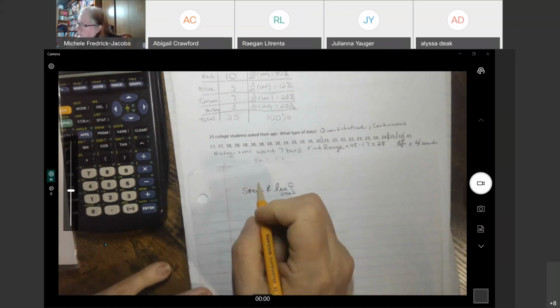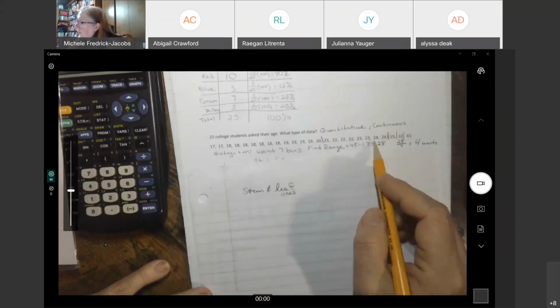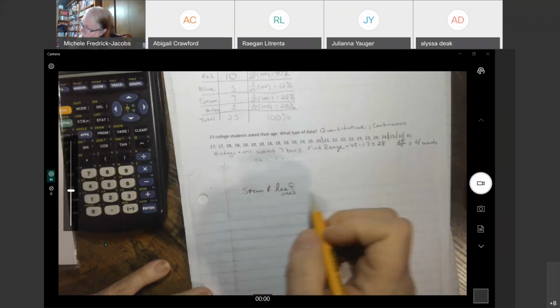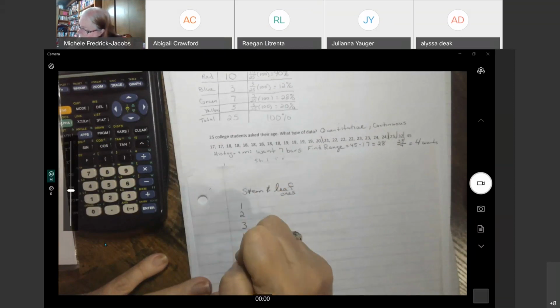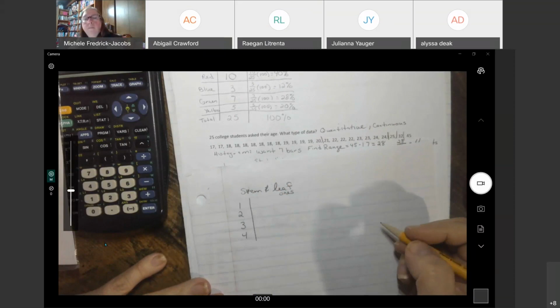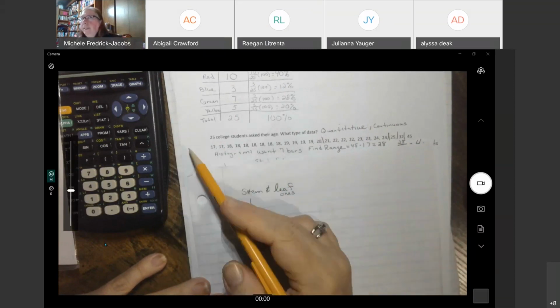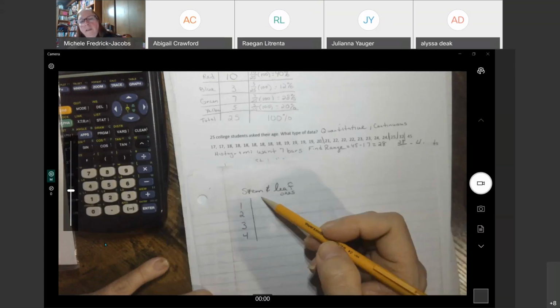The stem goes from 1, we have 10s, 20s, 30s, it goes up to 4. Now, if someone was 9 years old, then you'd have a 0 in the stem and a 9 in the leaf.